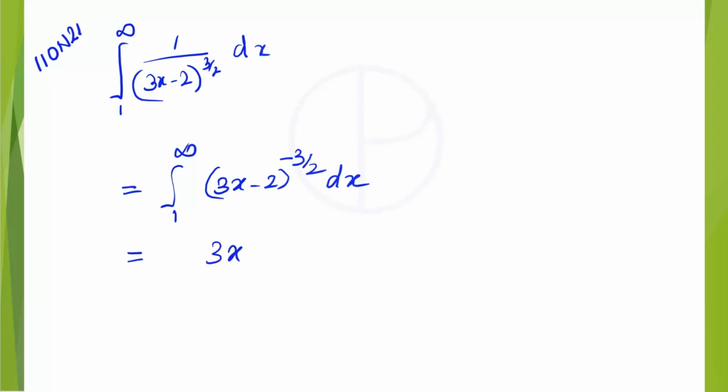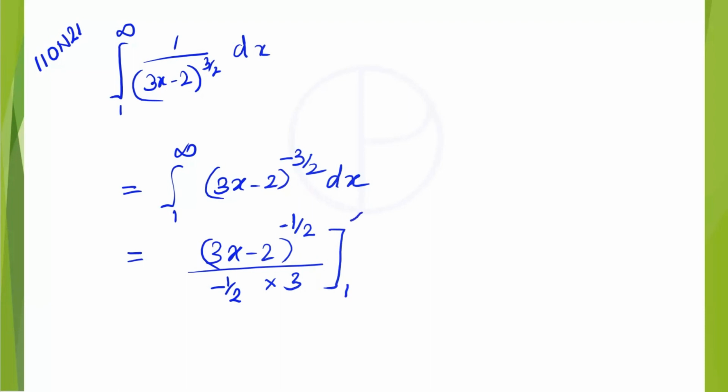So (3x minus 2) the whole power negative 1 over 2 divided by negative 1 over 2 multiplied by the coefficient of x, which is 3 here.